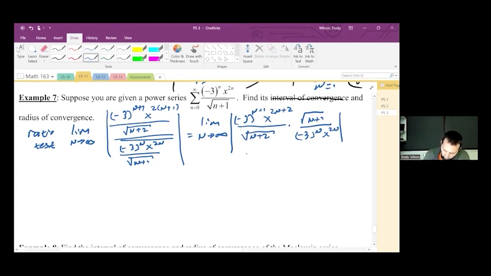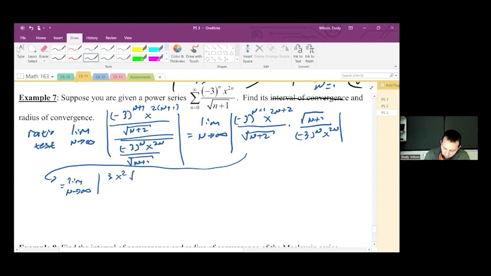And so this whole thing is going to equal the limit as n goes to infinity of, we have a 3 to the n plus 1 over 3 to the n, ignoring the negatives, so there's going to be a 3 in our numerator. We have an x to the 2n plus 2 over x to the 2n, which would be x squared.